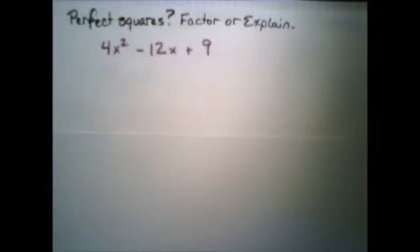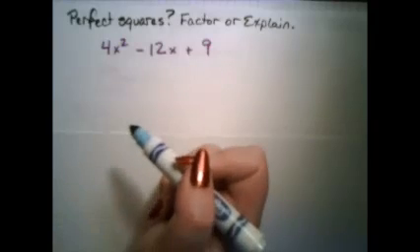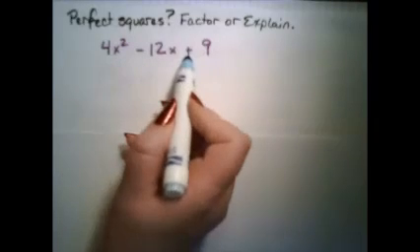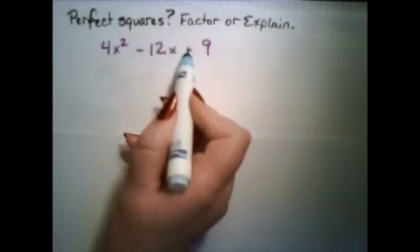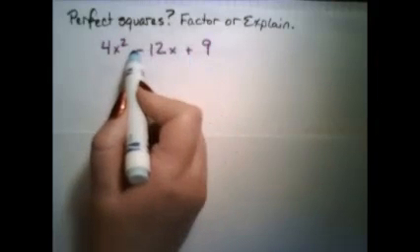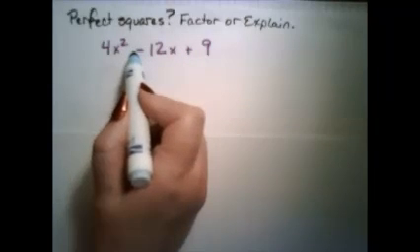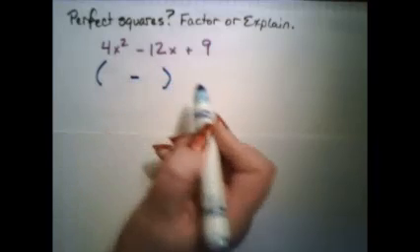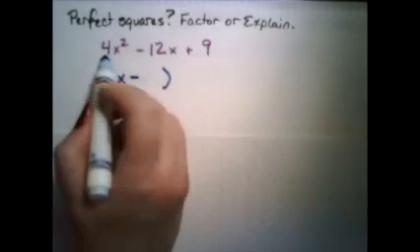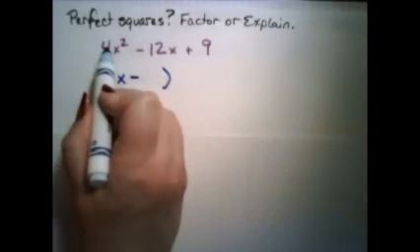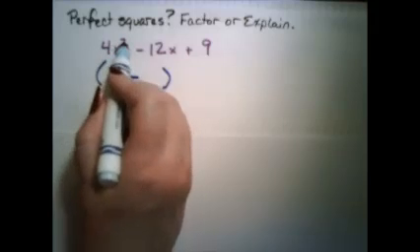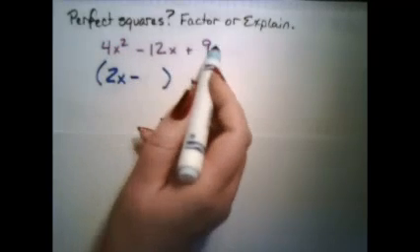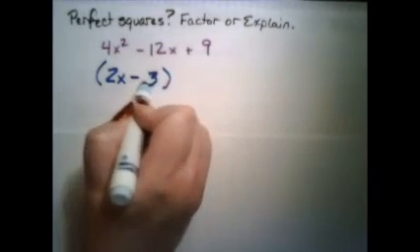Now, we just did something very similar to this, so that's okay. We have to make sure that we understand that we are adding together two negative numbers this time. So we're going to have a subtraction sign in there, and that one's going to be an x. So we're looking for the square root of this. Square root of 4x squared is 2x. Square root of 9 is 3.